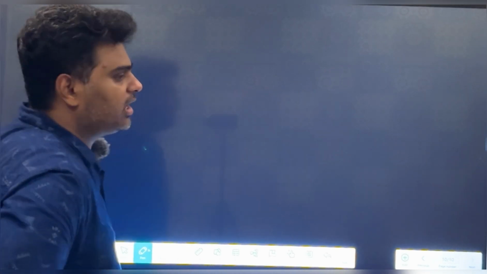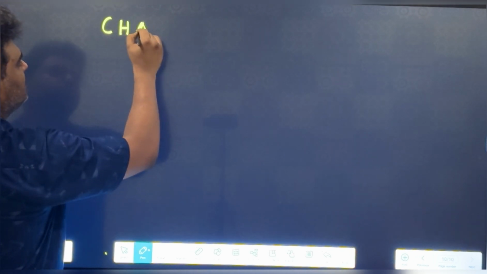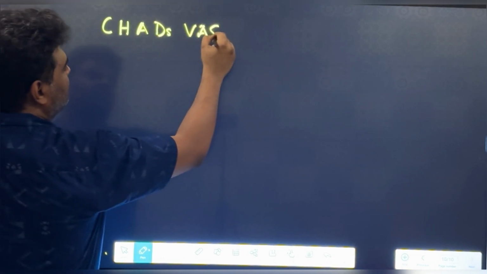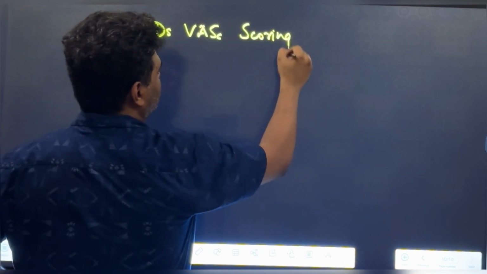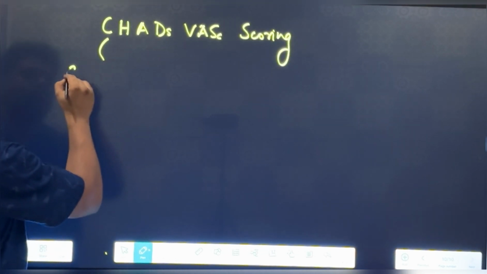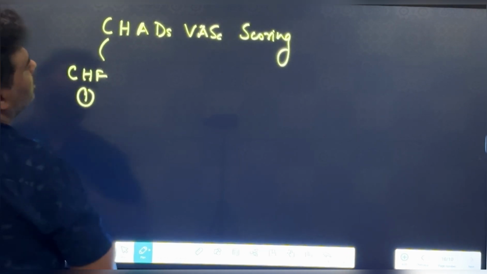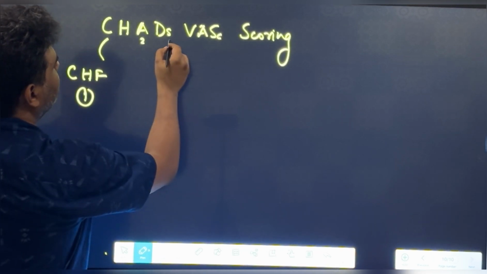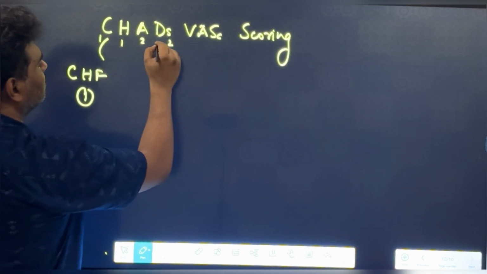Which patient do you have to anticoagulate? There is a score called CHA2DS2-VASc scoring, where C is for CHF, you give 1; H is hypertension, 1; A2 you give 2; and S2 you give 2. Rest everything you give 1 point.